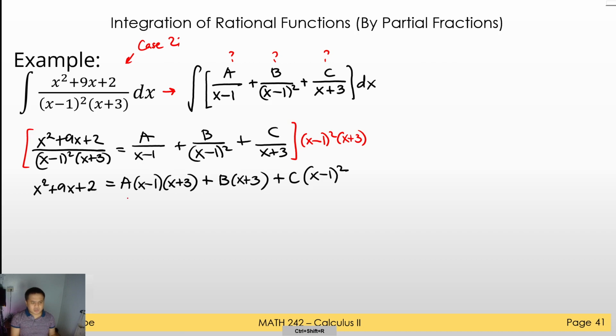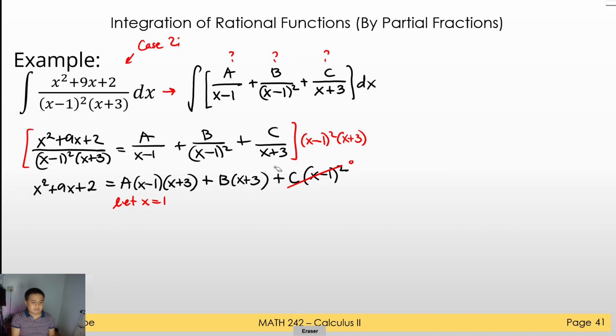Okay, so again, we want to solve for a, b, and c. What we can do here is substitute either 1 to make this 0 or negative 3 to make this 0. We can let x equal 1 to make this 0. If this is 0, this is also 0 actually, so you have only these two terms.